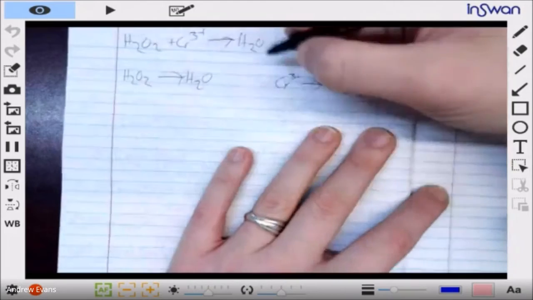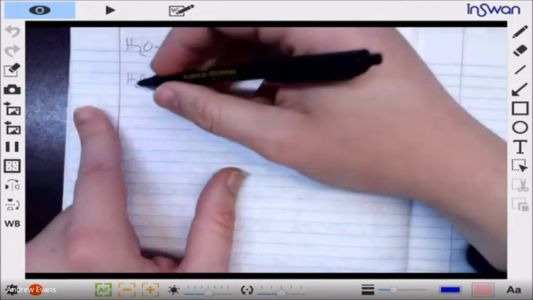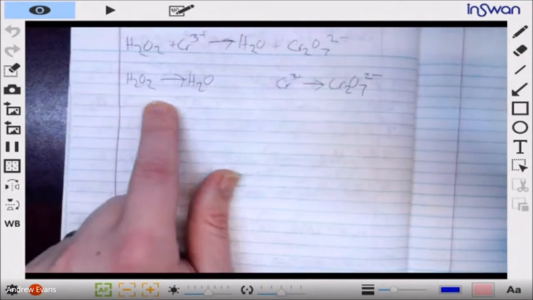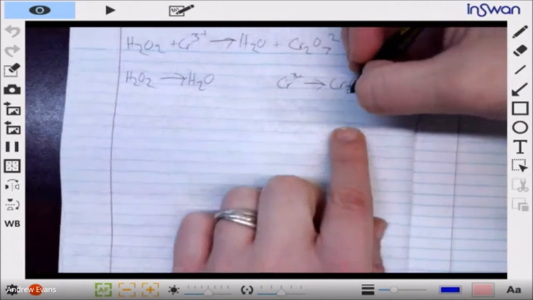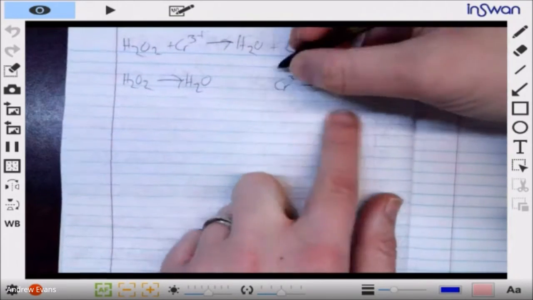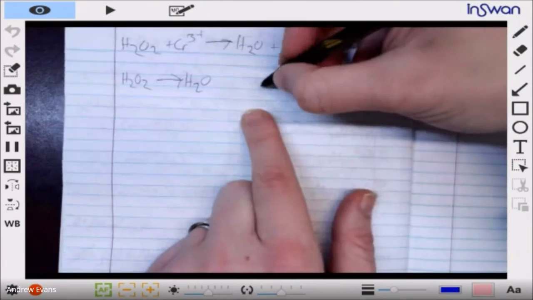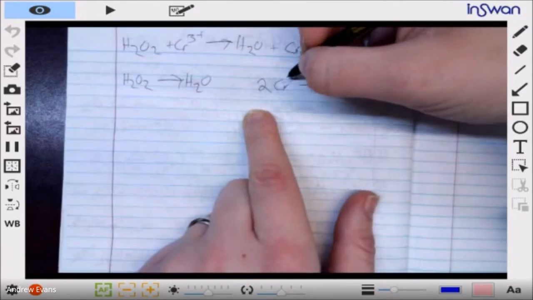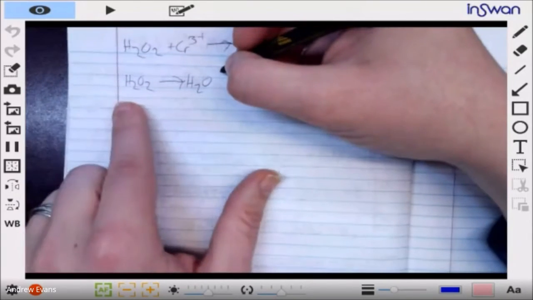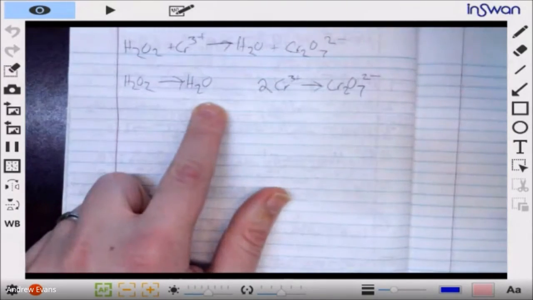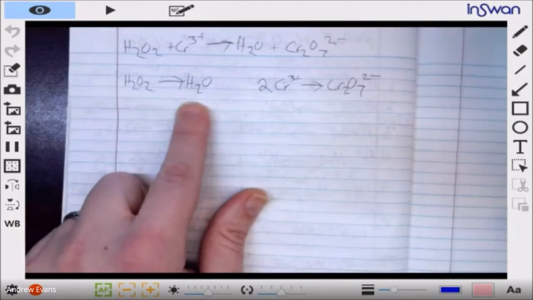There's no hydrogen, there's no non-hydrogen, non-oxygen elements there, so I'm not going to balance that. There are two chromiums there, so I'm going to double that. The second step, I'm going to add waters to balance the oxygens.